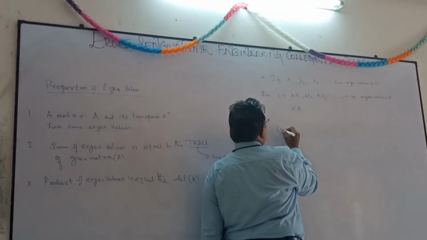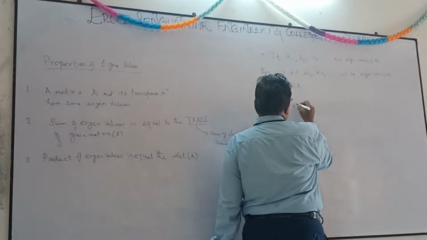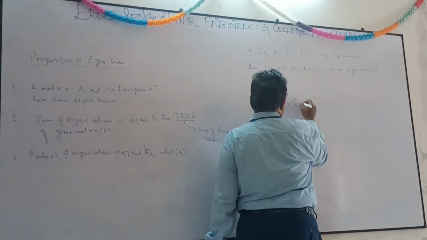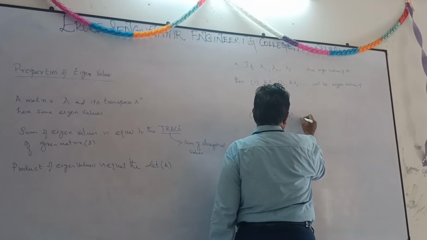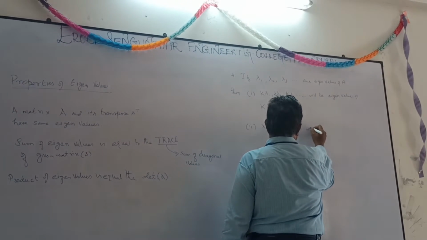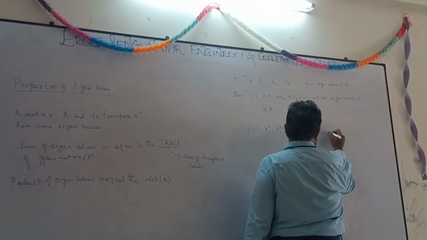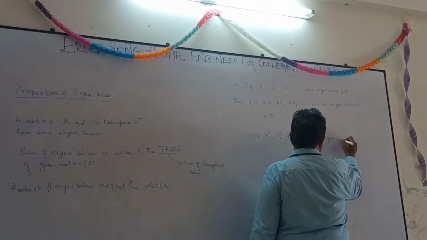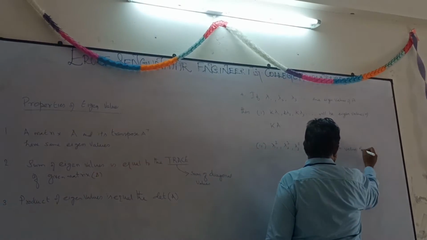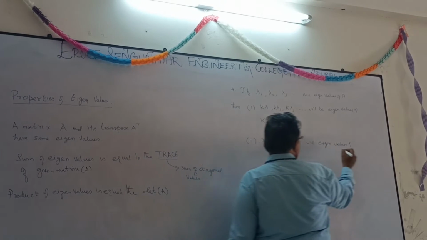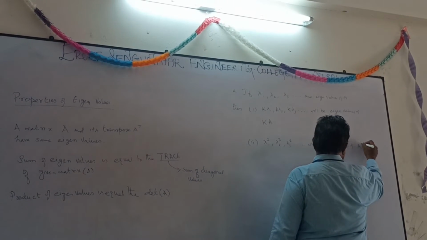Number 2. Lambda 1 square, lambda 2 square, lambda 3 square will be eigenvalues of A square.